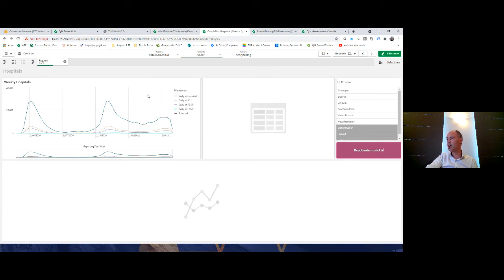And basically here I show my weekly hospitalizations, so daily in hospital, in intensive care, respiratory, all those kinds of things. And maybe I still had to wait for my wind turbine to calculate fully on my engine.